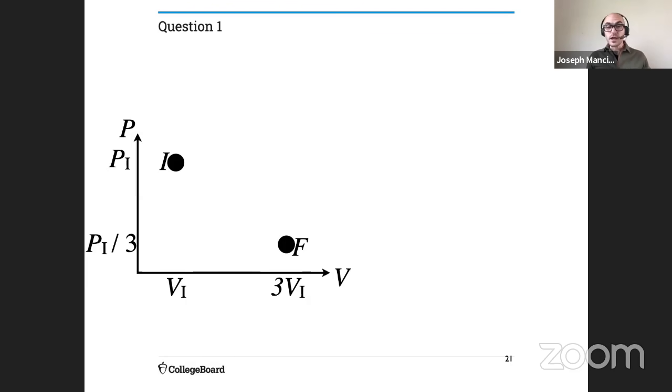And because of the specific way I set this up, PV is the same value for both of those points. Remember, the temperature of a sample of gas is PV divided by NR. Well, those PV values are the same. It's either P1 times V1 or 1/3 of P1 times 3 V1. That was an isothermal process.